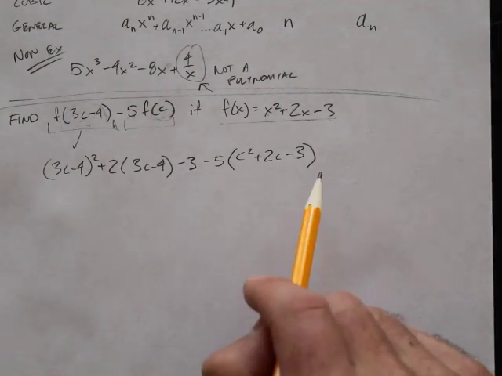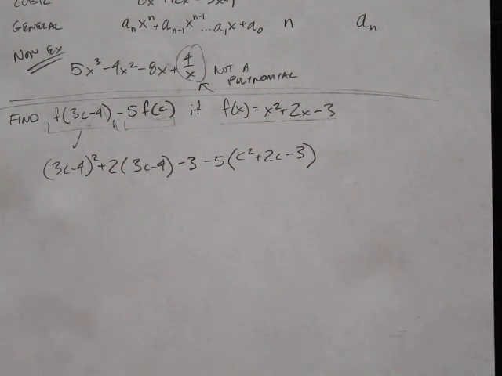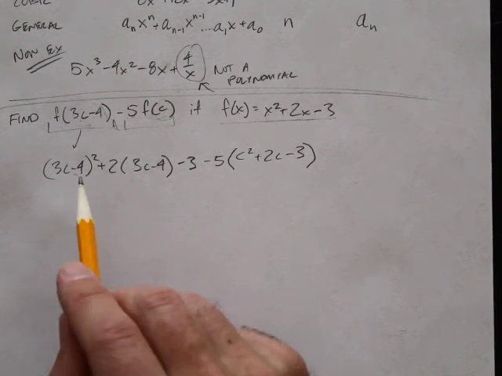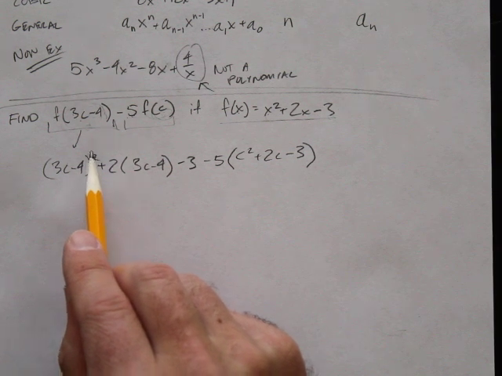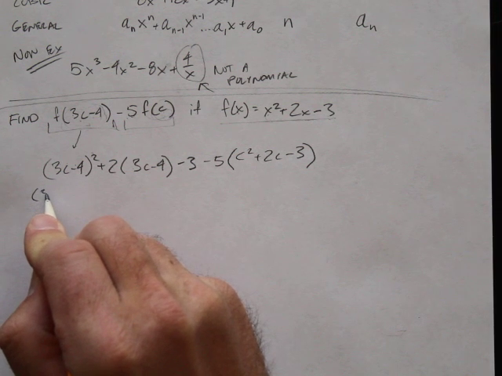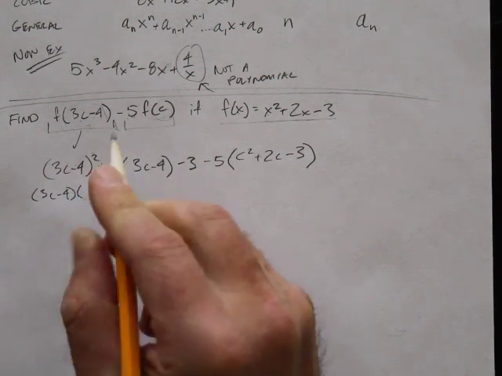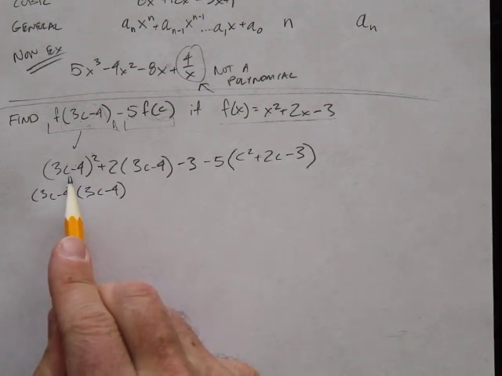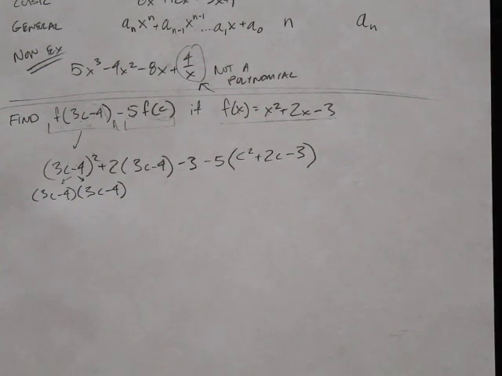Now we just need to simplify this huge mess. I can't just distribute this squared. I have to FOIL this. This is 3c minus 4 times 3c minus 4. That's what this is. I've got to split that up like that.